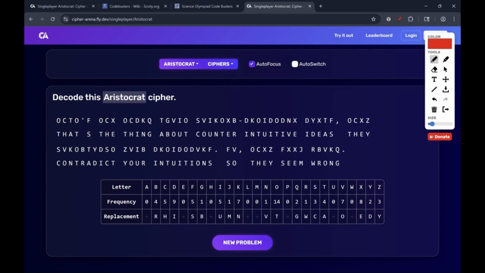Specifically, the letters E, T, A, I, O, N, S, and R are the most common letters in the English alphabet in order, meaning that E is the most common, T is the second most, A is the third, and so on.